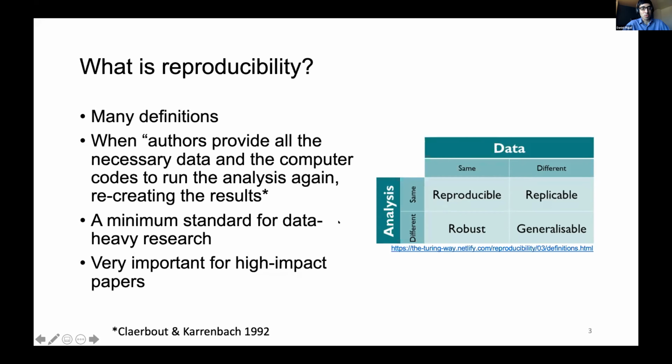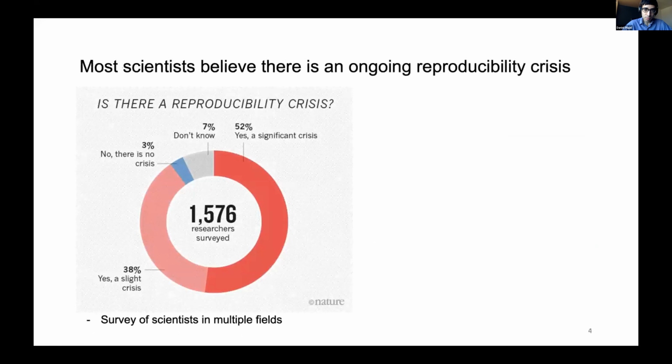A lot of people feel like this should be a minimum standard for research that involves data. And I think it's also very important for high impact papers that are very influential in their respective fields. Reproducibility is easy to get behind, but it's hard to actually do in practice.